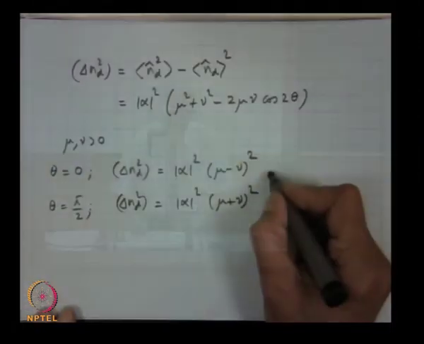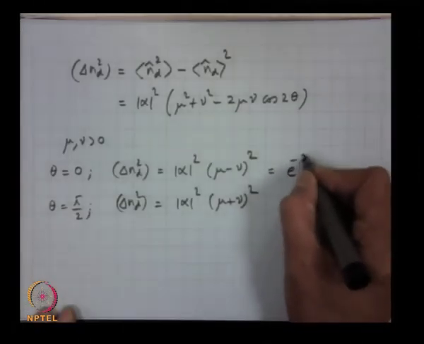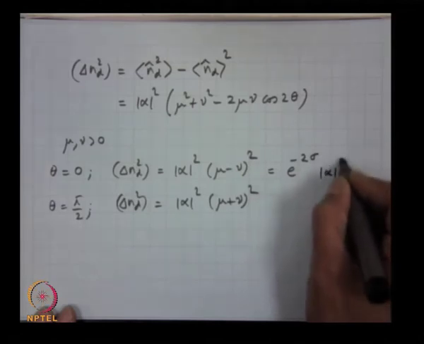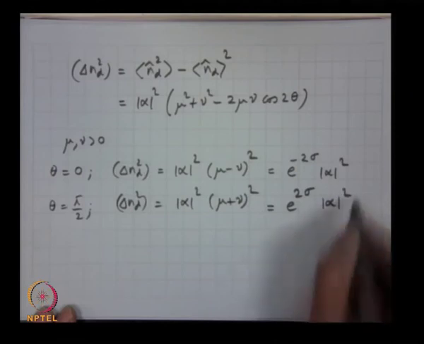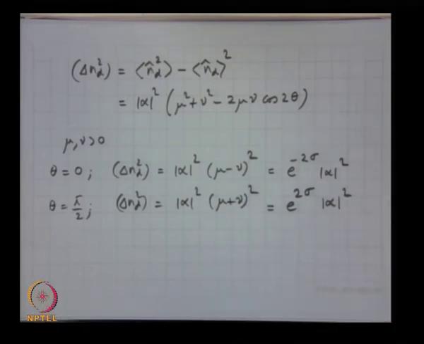So if I replace mu by cos hyperbolic sigma and nu by sin hyperbolic sigma, I can take care of the equation mu square minus nu square is equal to 1, and I get this kind of a relationship.